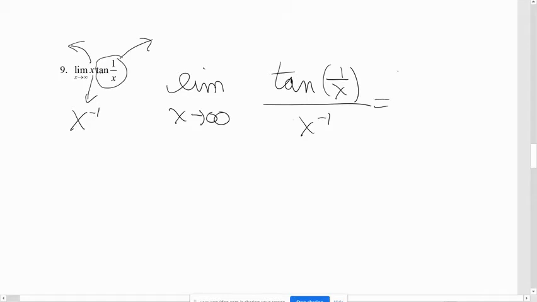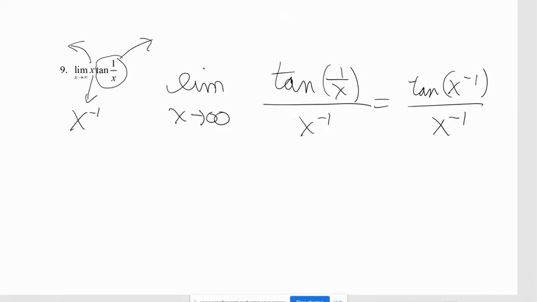Okay, then I'm also going to rewrite this as tan x to the negative 1. That's the same as well. Okay, so we already know we got an indeterminate form, so we'll do the derivative of the top. It'll be the limit as x approaches infinity.